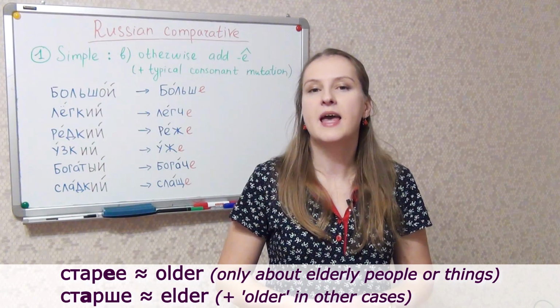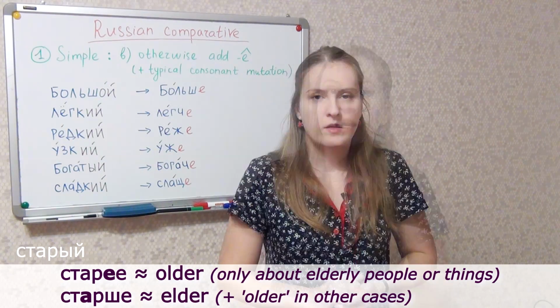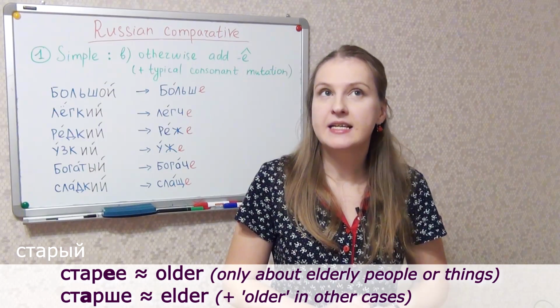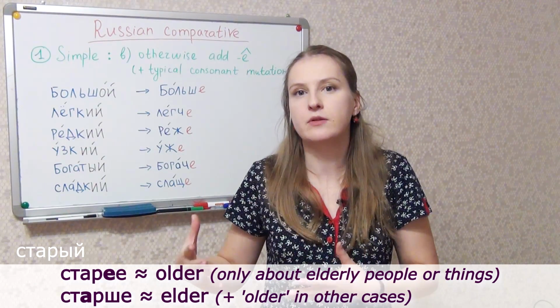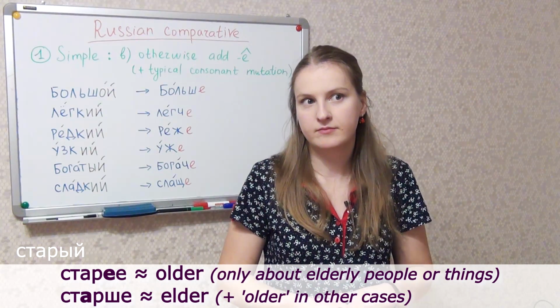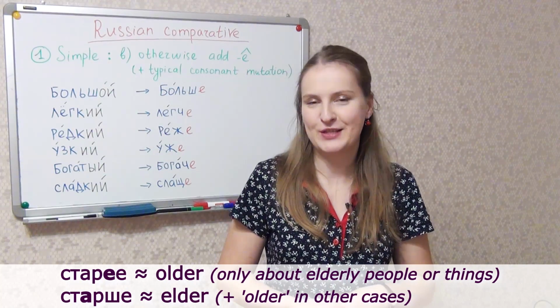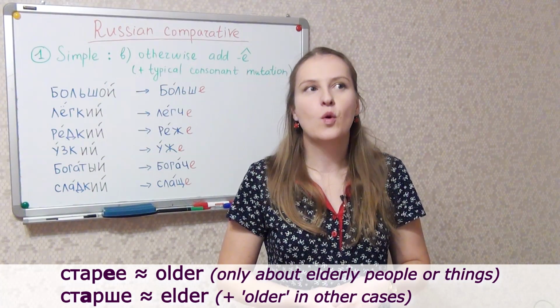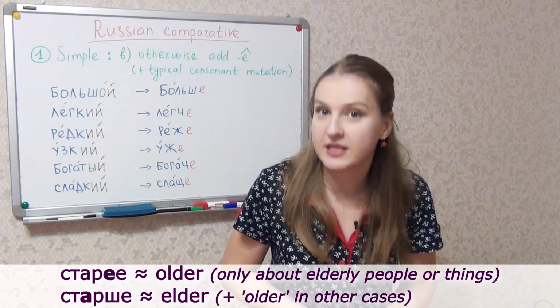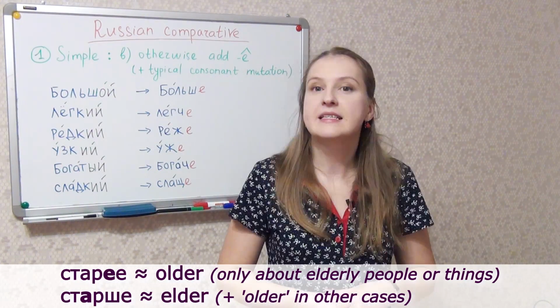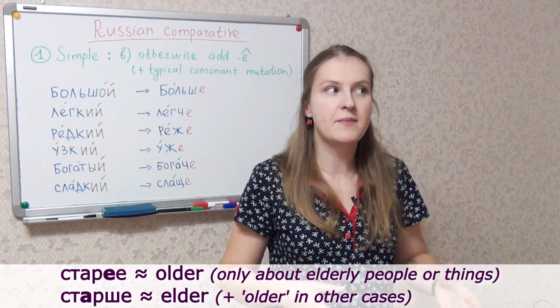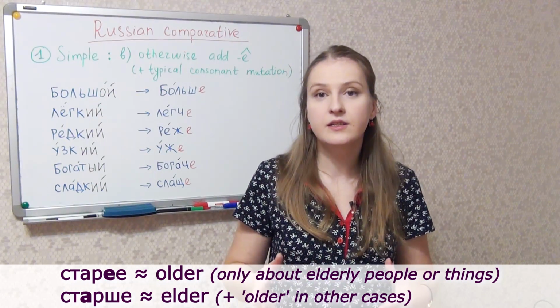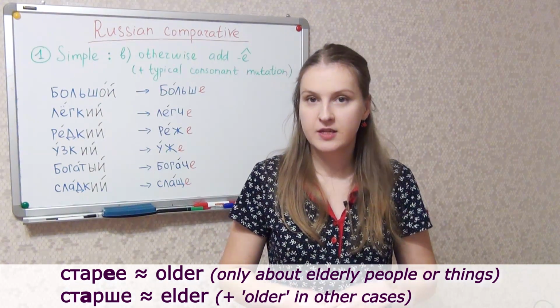They are derived from the adjective старый. However, старее is connected with older people, elderly people, retired people, and so on, or it can be used about objects. And старше is the same as senior or elder.